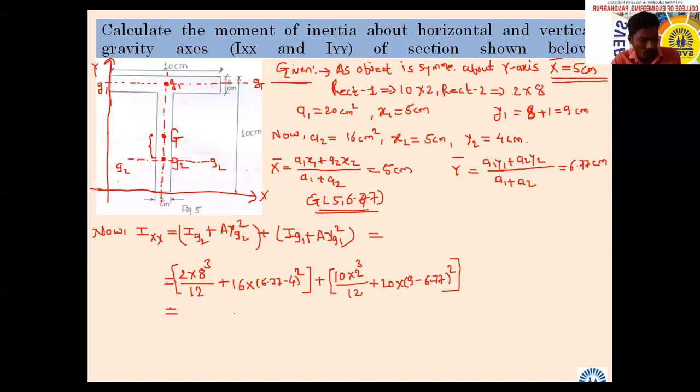Okay, what is the first term? Anybody calculated the first term? Mine is 20. Mine is this. First I have told. Second term now I will calculate.